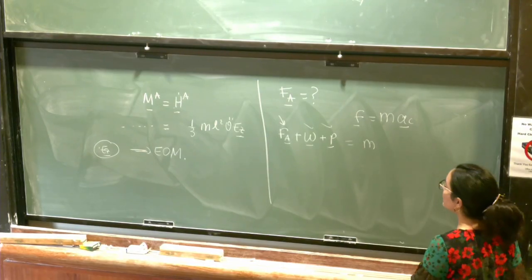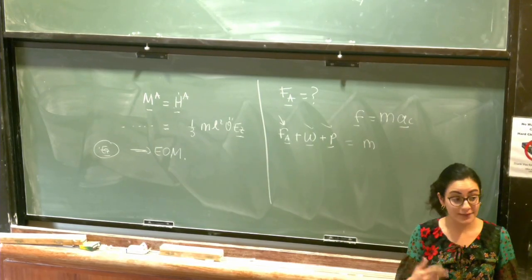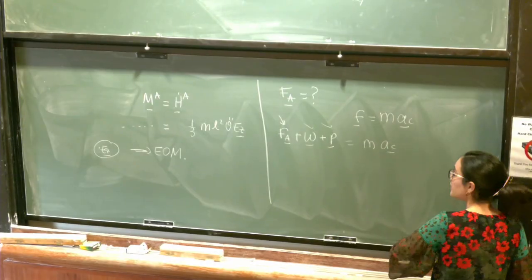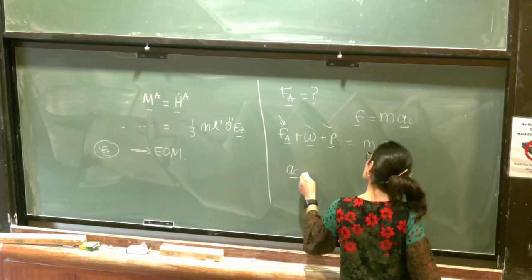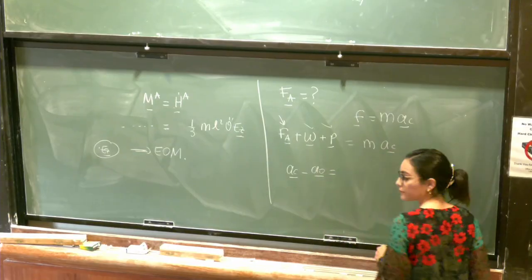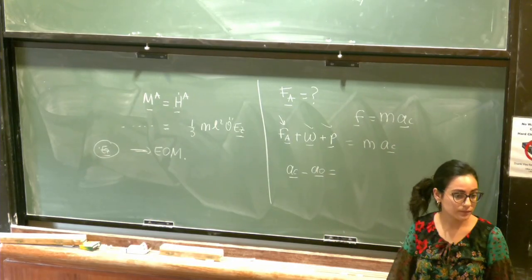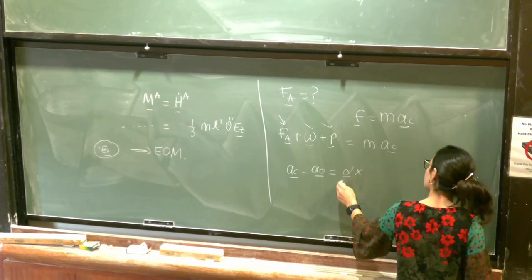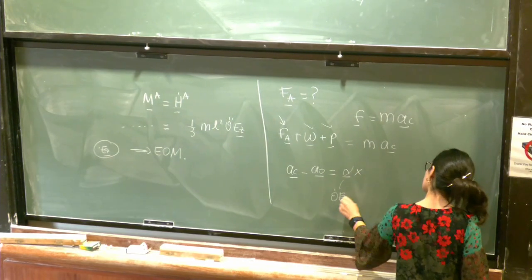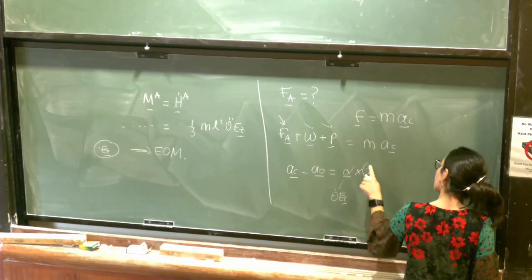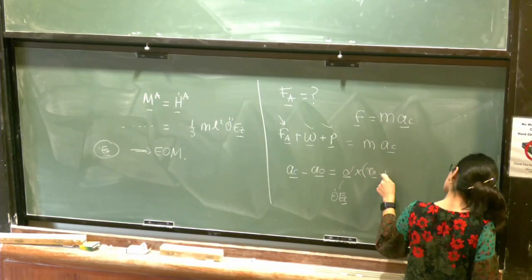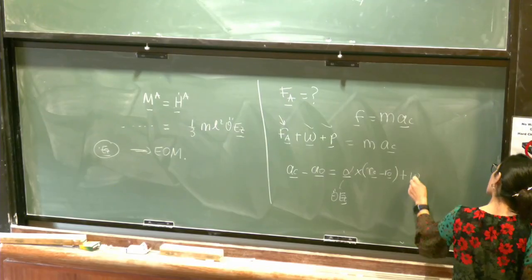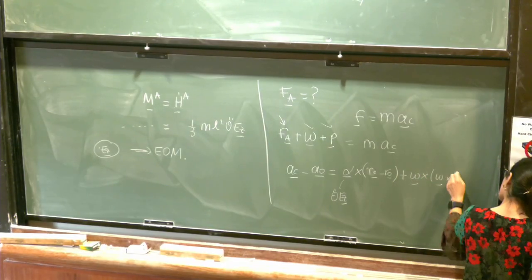So AC, I can relate the acceleration of two material points on the same rigid body, right? So here, that's MAC, and AC minus AO is equal to what? Alpha, which is theta double dot EZ, cross RC minus RO, plus omega cross omega cross RC minus RO.